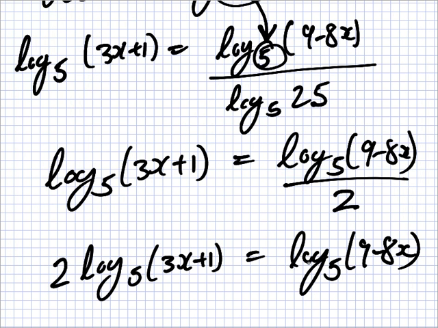So what on earth can we do about that 2 in the front? Now we don't want to bring it back under, because that would be going backwards. We need to do something else with it. We need a rule of logs. There's going to be a rule that will help us get rid of that 2.